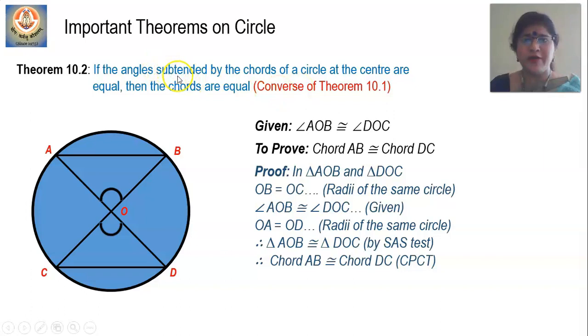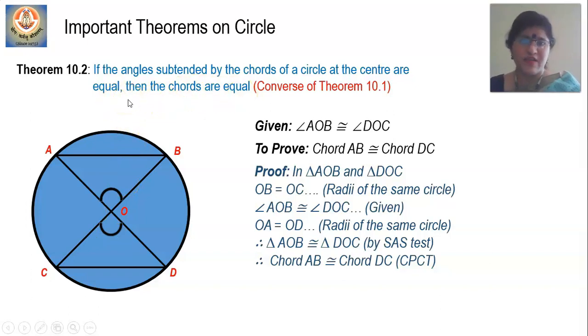Divide the statement into given and what you need to prove. So what is given? If the angles subtended by the chords of a circle at the center are equal, that means the angles formed by the chords at the center are equal. So this angle AOB is congruent to angle DOC. It is already given.